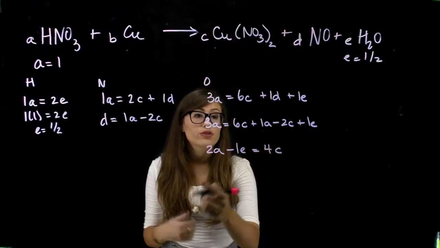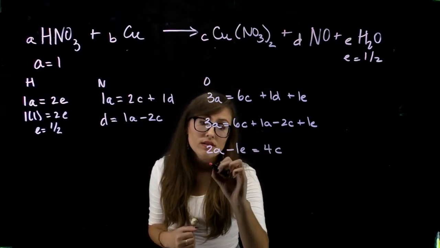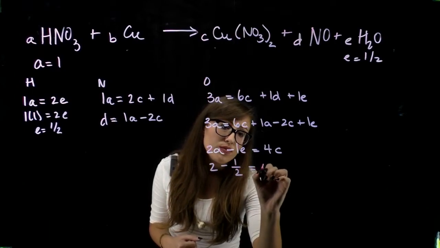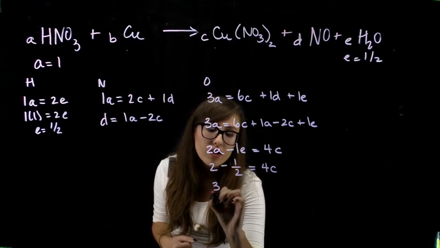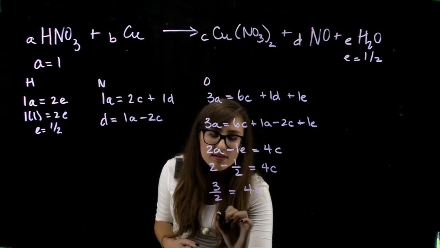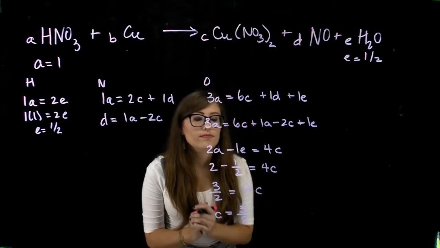We know A is 1 minus 1 half is equal to 4C. So we have 3 over 2 is equal to 4C. C is equal to 3 over 8.